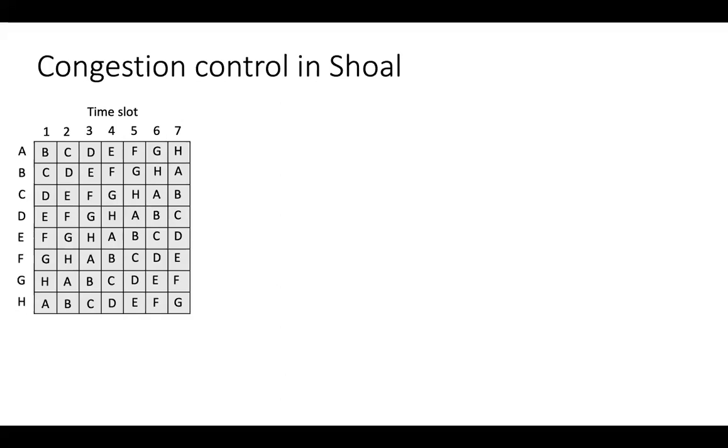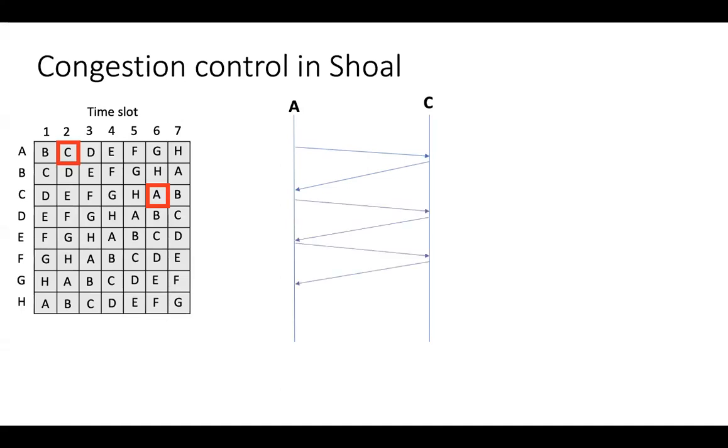For example, let's consider two arbitrary nodes A and C. What the static schedule dictates is that A and C exchange packets in a very periodic deterministic manner. For example, in time slot 2, node A gets to send a packet to node C. Then in time slot 6, node C gets to send a packet to node A. And this process just continues epoch after epoch after epoch.